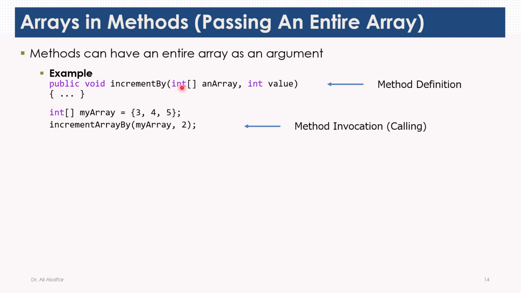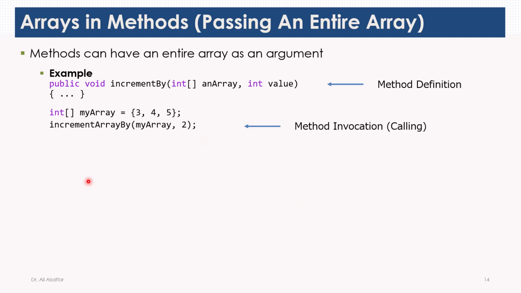And it should have the same base type as the formal parameter. If you define an array of type integer as an argument, then you need to pass an array of integers as an actual parameter. So this is the way to define the method with an array argument, and this is the way to invoke this method if you want to pass an array as an argument.